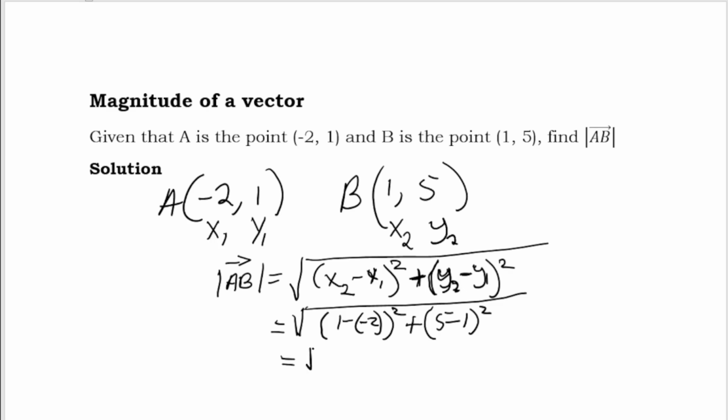Simplifying, this is 3 squared plus 4 squared, which gives us 9 plus 16, that is 25. The square root of 25 is 5. This is the answer for the magnitude of vector AB.